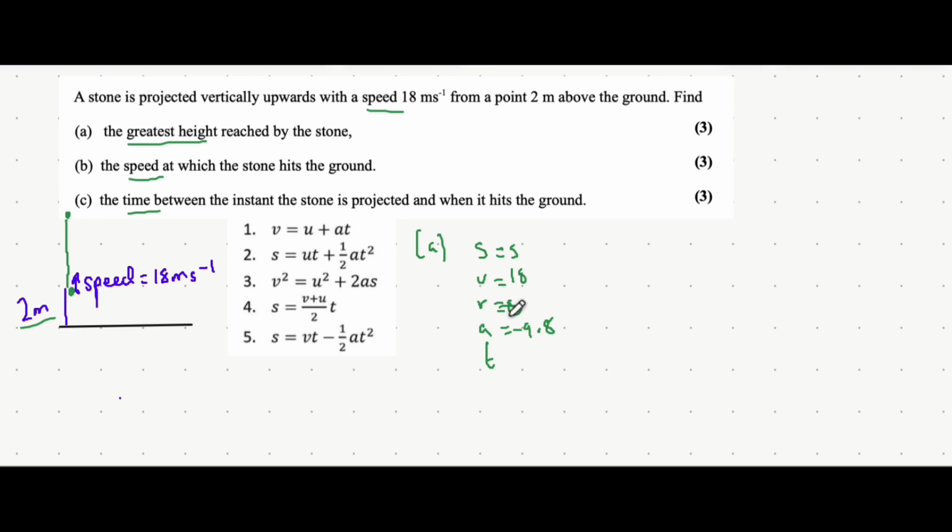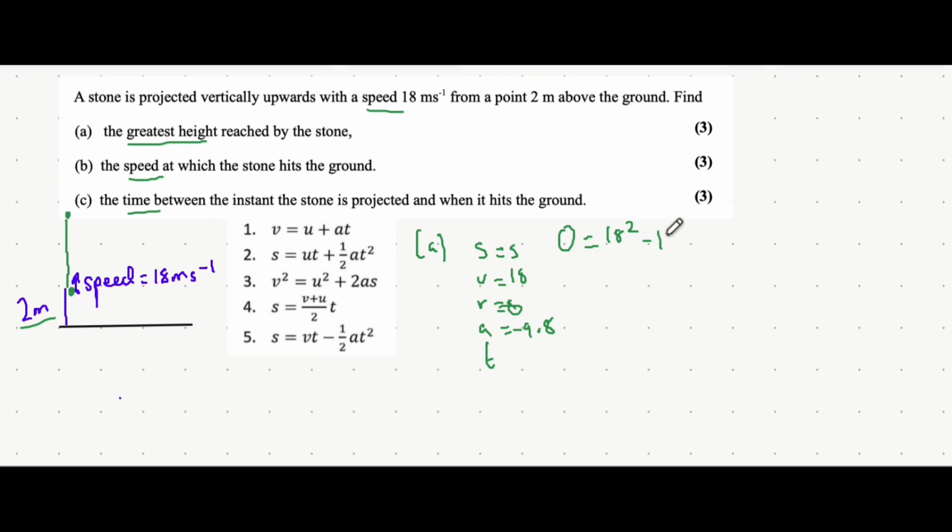The variables involving S, U, V, and A, the equation is this one here: V squared equals U squared plus 2AS. So let's put it into that equation. V squared is 0 squared, which is 0, equals U squared, 18 squared, plus 2 times A, which is minus 9.8, times S, which we're trying to find. Straight off the bat, 2 times minus 9.8 is minus 19.6.